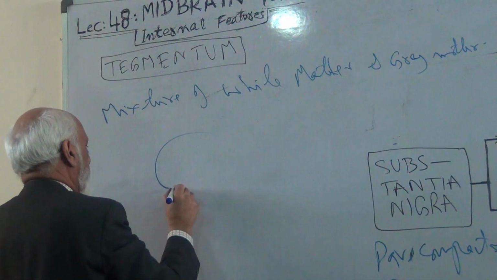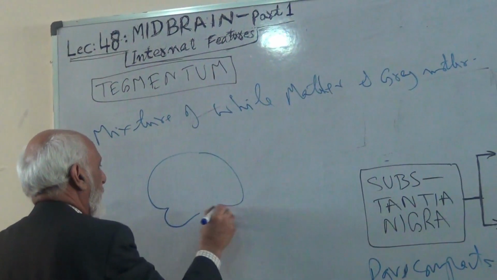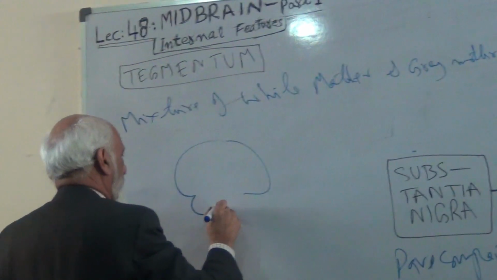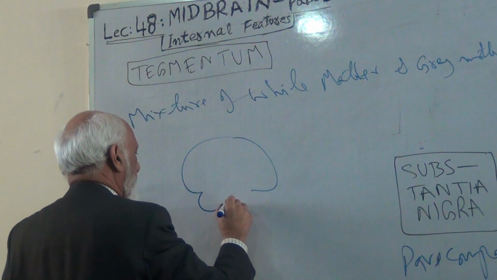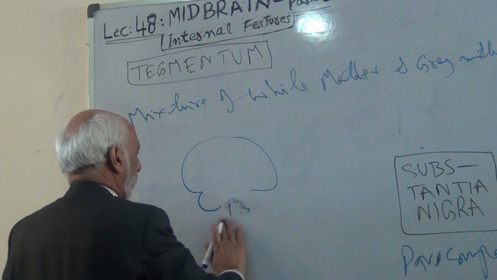Now, suppose this is a section through the cerebrum, then section through the midbrain.